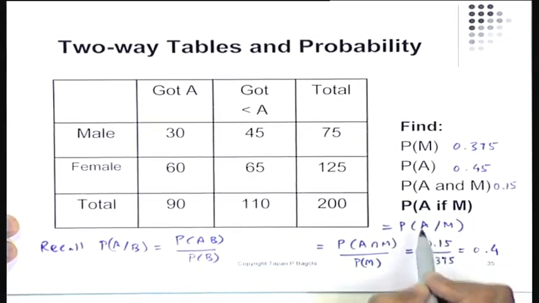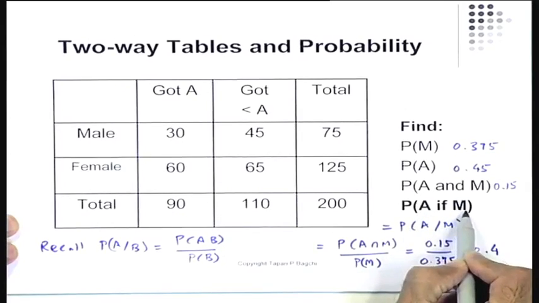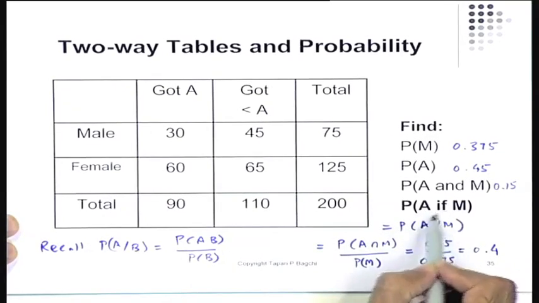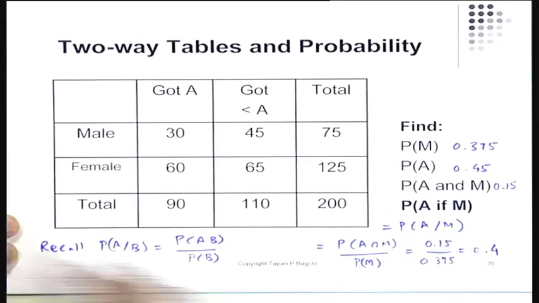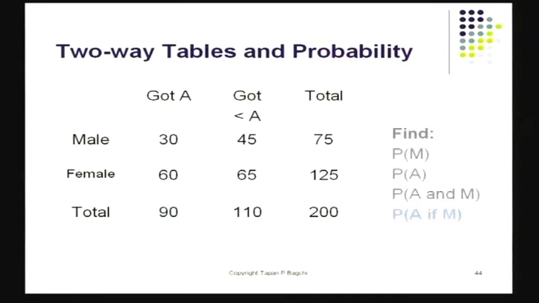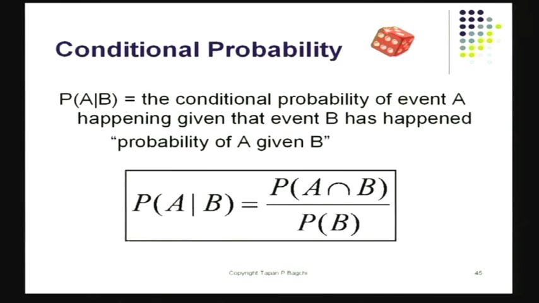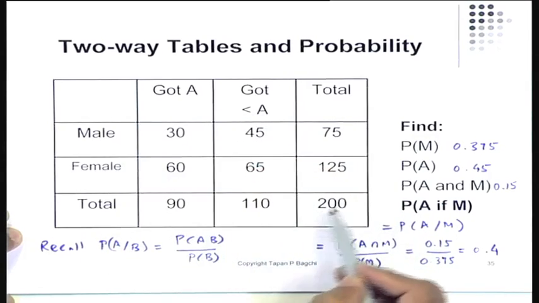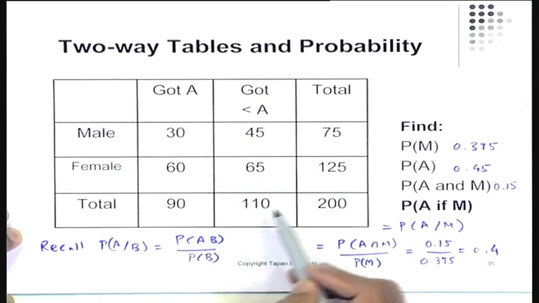Now the conditional probability, the probability of A given M: he scored A given that he was a boy. How do I do that? I bring up my probability calculations and go to my conditional probability formula, which is given as A intersection B divided by B. Let's look at this. These are all joint probabilities, joint occurrences of things.